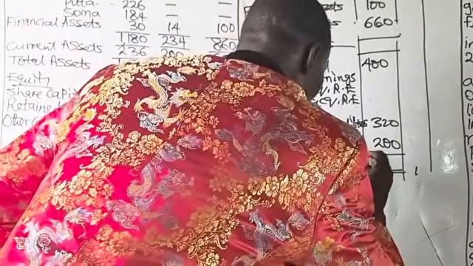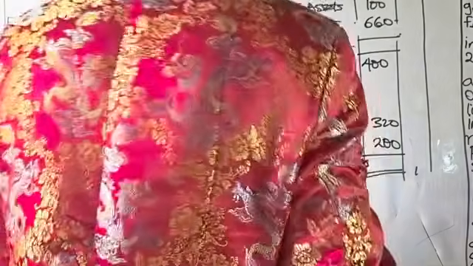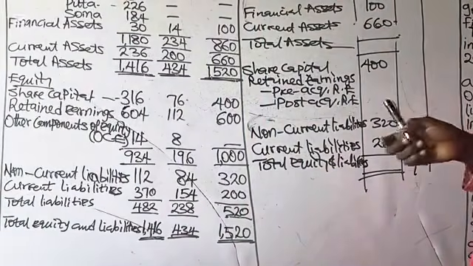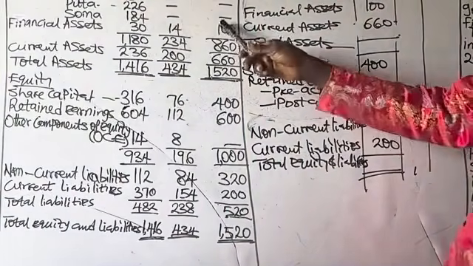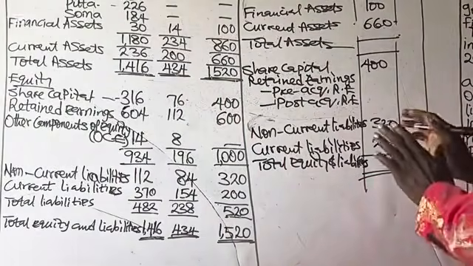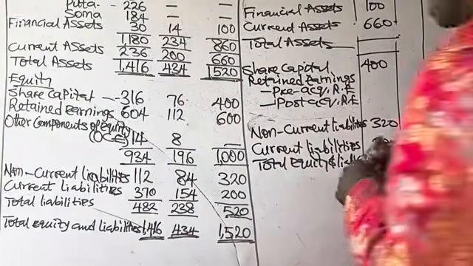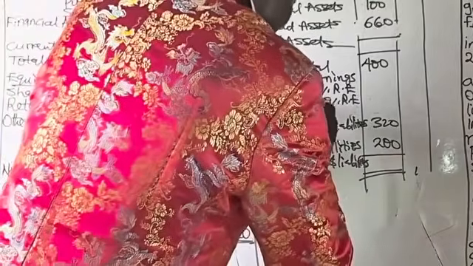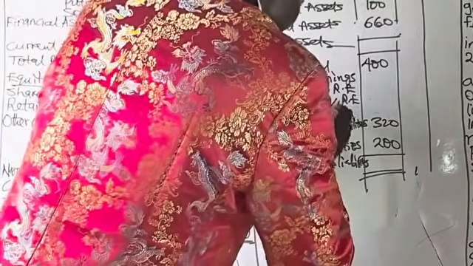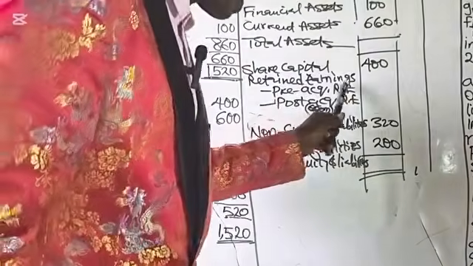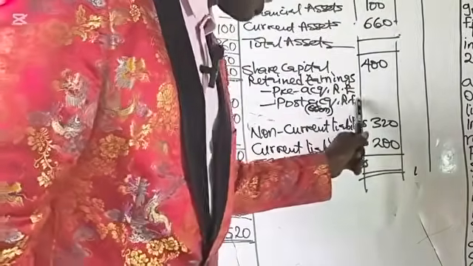So what I've done was the lifting of what we have in Soma Limited statement of financial position. So we lift them directly. The only thing that I have not written is the retained earnings of 600. This 600 million, I've told you, you will divide into two, the pre-acquisition retained earnings and post-acquisition retained earnings.